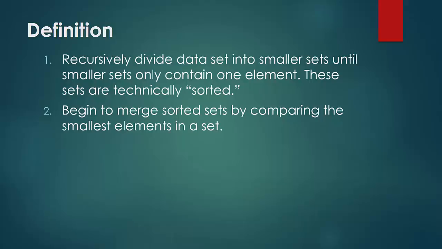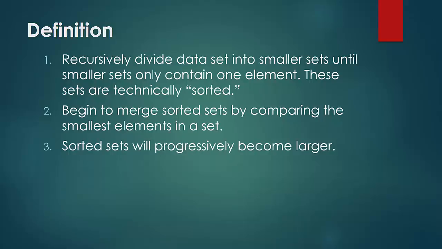Now we do this with the other sets as well, the third and fourth elements, and those 2 become one sorted set as well. So now we're left with 2 sorted sets of 2 elements. I hope the use of the word set isn't confusing you. This just means array.